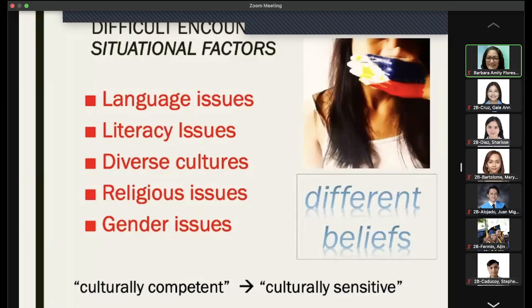Differences in beliefs may lead to misunderstandings and miscommunications. You may not be culturally competent, but you should always be culturally sensitive. Being sensitive to the limitations of others and to individual beliefs and ideations is key to avoiding difficult situational encounters.